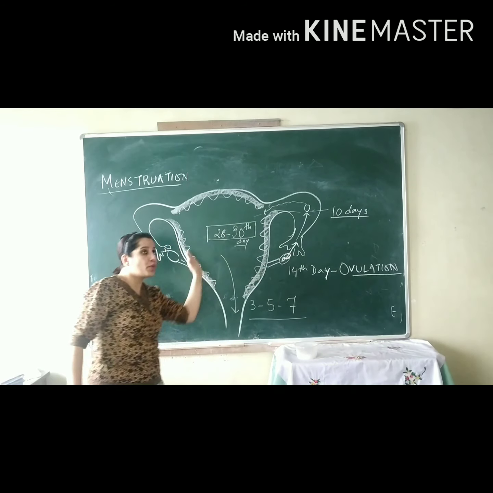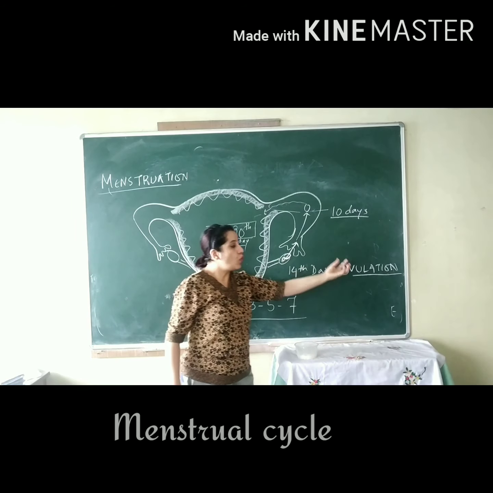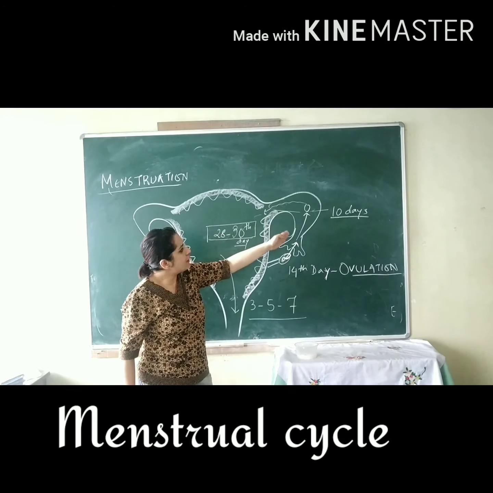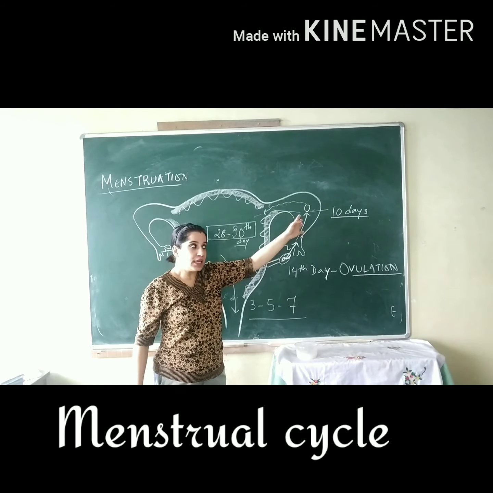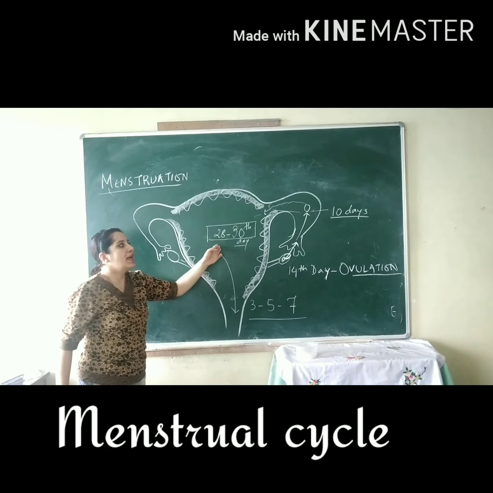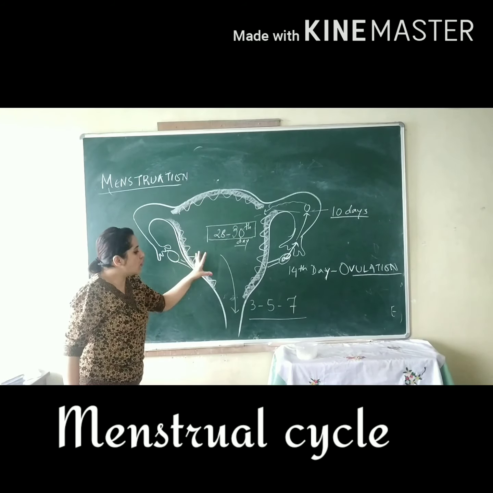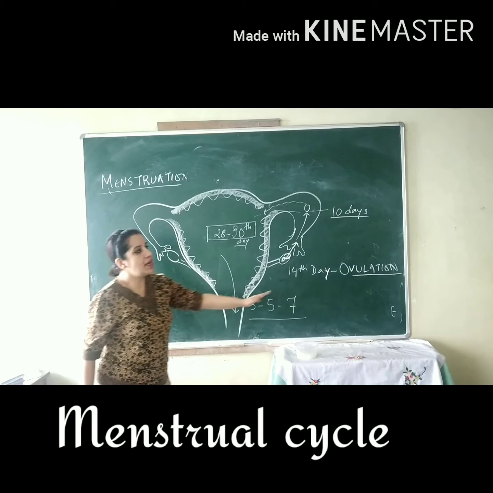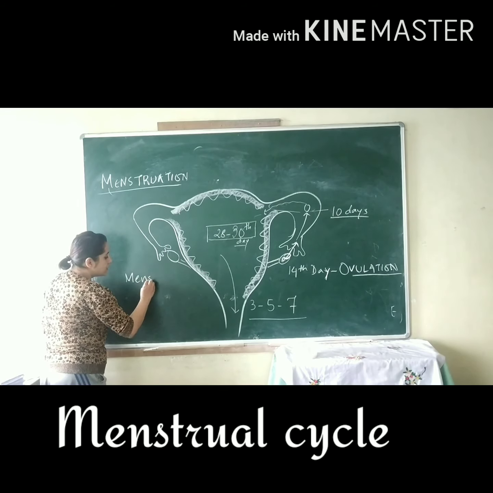And this whole process, that means development of the egg, ovulation, release of the egg into the fallopian tube, no fertilization, the egg reaching the uterus and dissolving, then the uterine wall disintegrating, this entire process is known as the menstrual cycle.